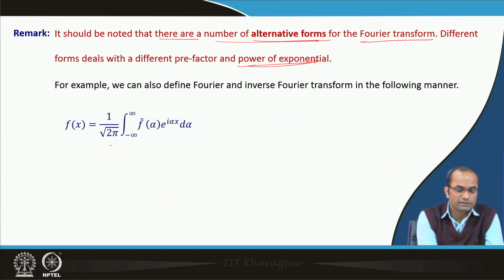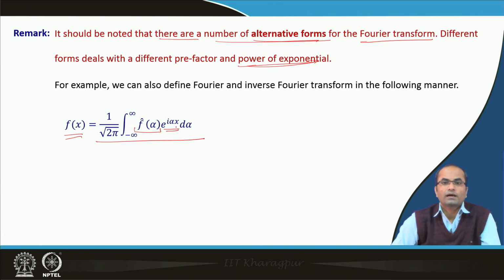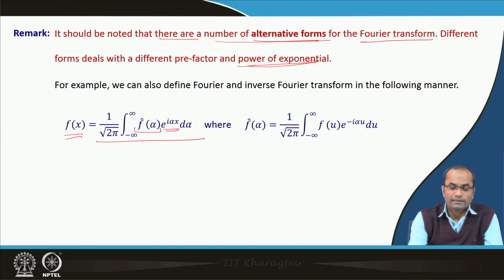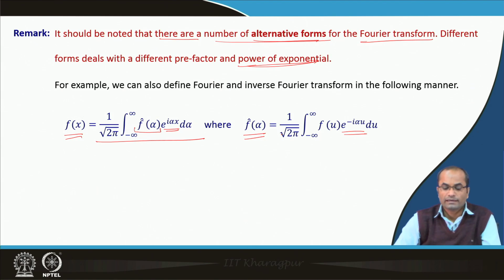For instance, this is what we have used here for the inverse Fourier transform, and this is the Fourier transform, multiplied here by e power I alpha x, and then we can have the minus sign there to get this hat alpha.